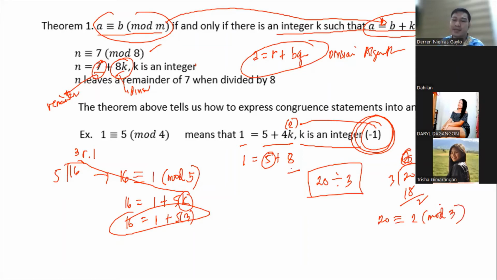Because you can write that as 20 is equal to 2 plus 3 times k, and the k is 6. For k is equal to 6 because 6, 18, 19, 20. Okay. Do you have a question on this? Hello, guys. Klaro ba siya?